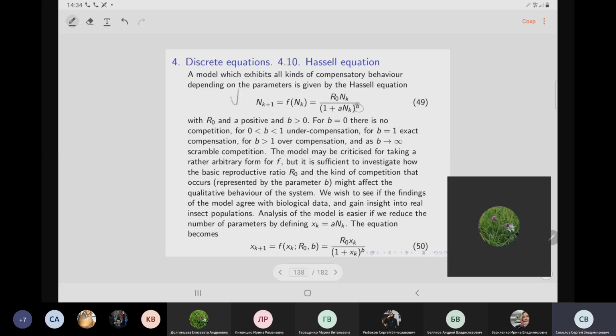So we can analyze our equation using the technique discussed above.